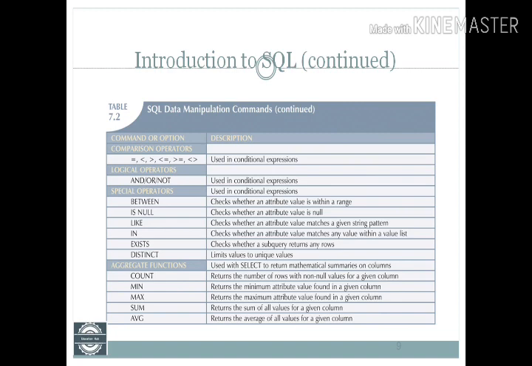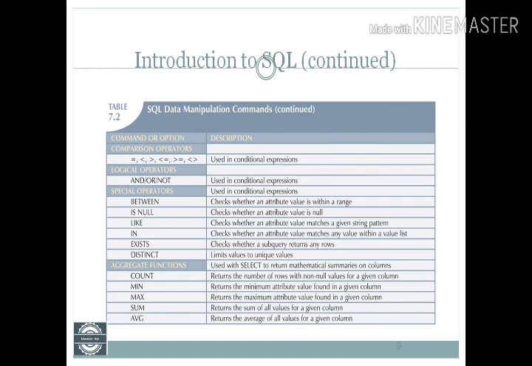In case of ranges, we also need the special type, between. Suppose somebody asks you to print the data between 1000 and 10,000. Then we need between, and also like, in, exists, distinct. By the names you can get the meaning of these, so I am not explaining them right now.